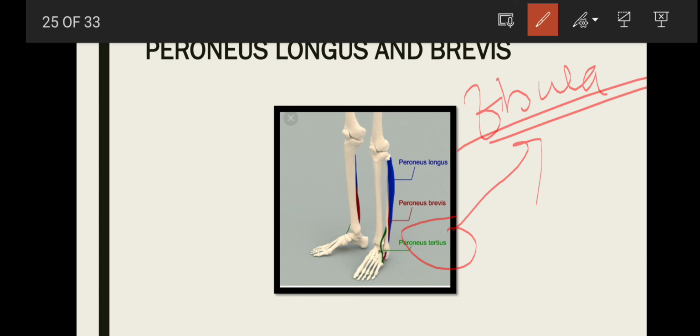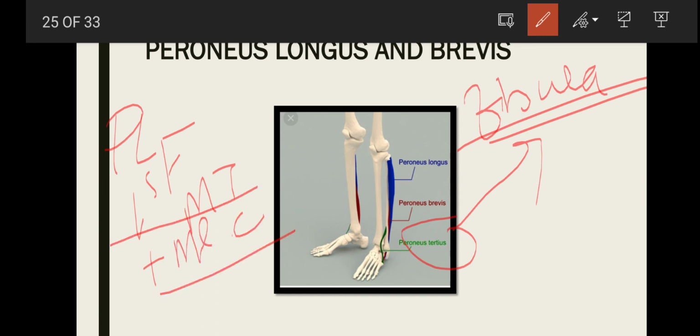Peroneus longus takes origin from the head of the fibula region and also from the middle one-third of the shaft of fibula, and this tendon passes deep to the peroneal retinaculum and is inserted to the base of the first metatarsal bone, and also to the adjoining part of the medial cuneiform bone. That is the peroneus longus muscle.